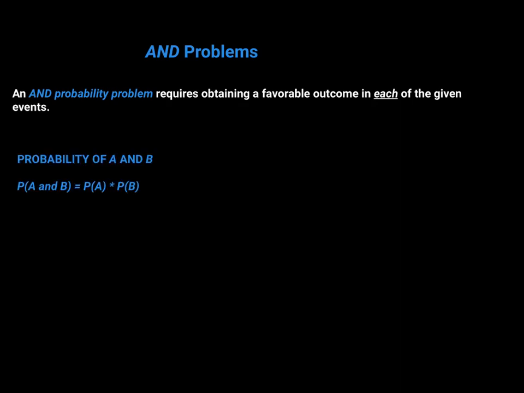We have this formula for the probability of A and B. It is simply P of A times P of B. Since we must multiply to determine this probability, this formula is sometimes called the multiplication formula.